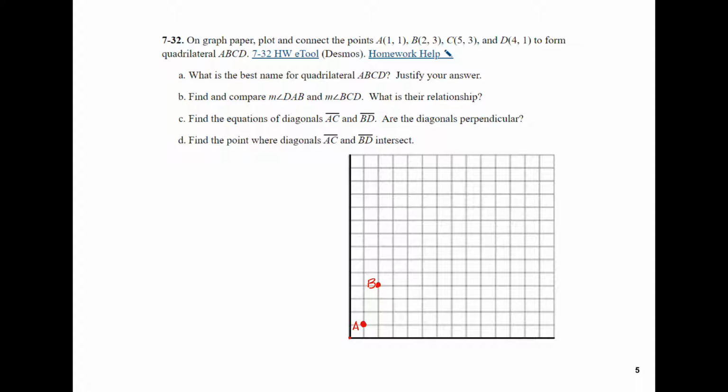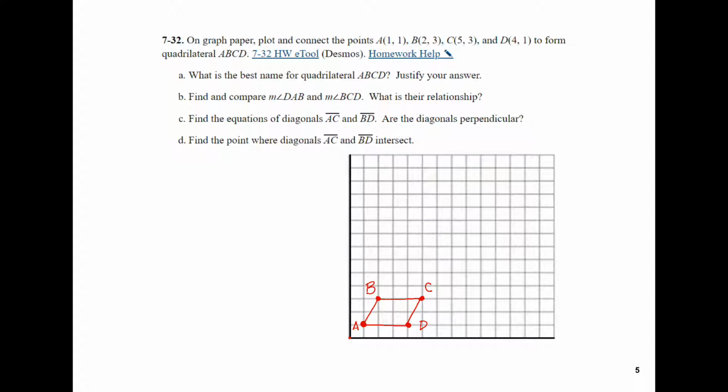Oops, I put B too high. B is 2, 3, C is 5, 3, and D is 4, 1. And then we can start answering our questions.